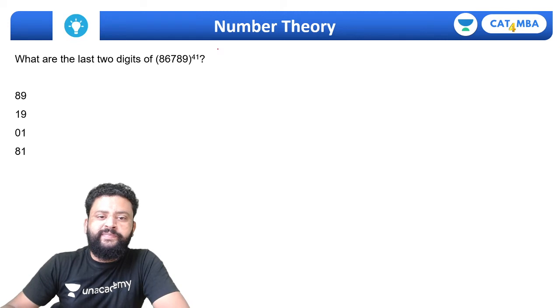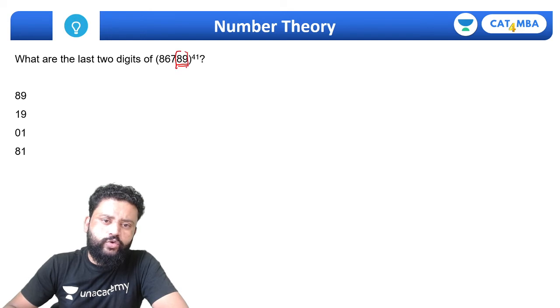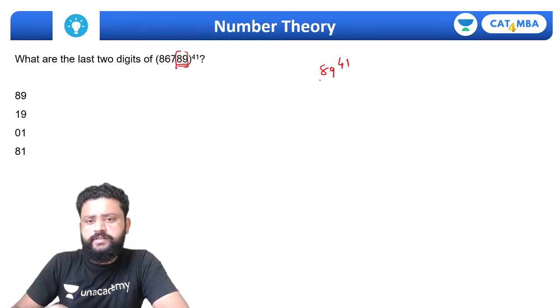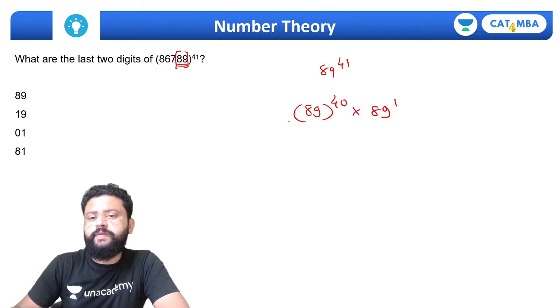Next thing, if the number's last digit is 9, 89. First thing, the number has no other role, we only need to look at the last two digits. 89 to the power 41 will have the same last digits, right? So I can write 89 to the power 40 into 89 to the power 1.